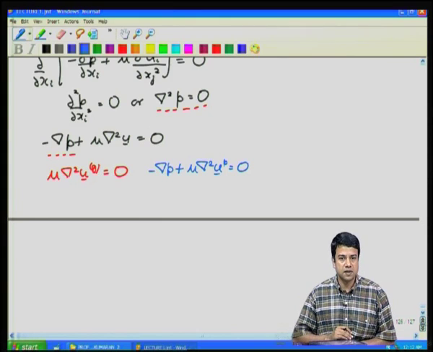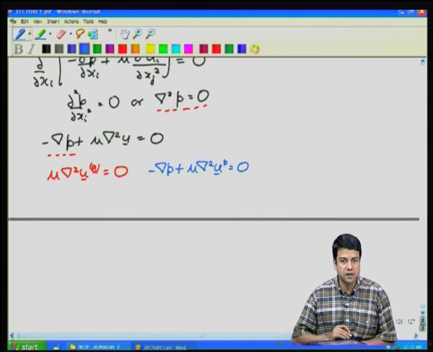Any one solution that satisfies the equation. It does not have to be a general solution, does not have to contain integration constants, it can be any one solution that satisfies this equation.